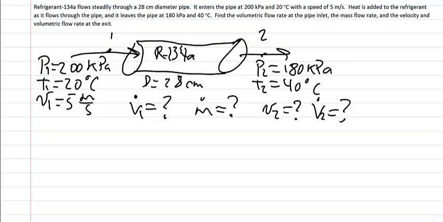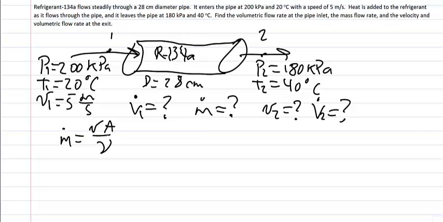Now, let's keep in mind that in order to find the mass flow rate, we really need to know a little more than the area, the velocity, and the specific volume. After all, mass flow rate equals velocity times area over specific volume. Now, we know the velocity at the inlet. We can calculate the area based on the diameter, and we have the state at the inlet because we know two independent intensive properties, that is pressure and temperature.